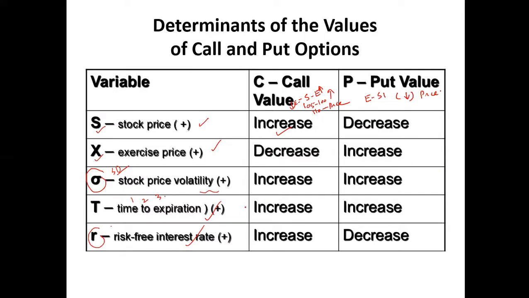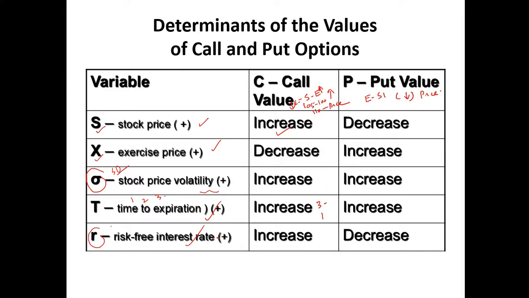Similarly, the greater the time period, the greater the likelihood that the call option will be profitable. For example, a 3-month option will have a higher call value than a 1-month one, because in 3 months an option which was unprofitable may become profitable.